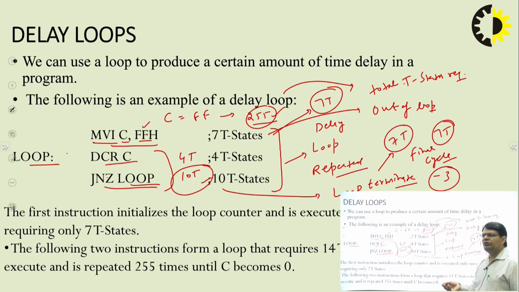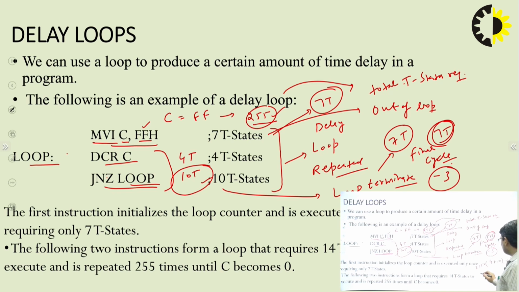So the total number of T states that we can use here is, in the loop we have 4 plus 10, this is multiplied by 255 times, and when the loop is terminated, instead of 10 it will require only 7 T states, so we will subtract 3 here.